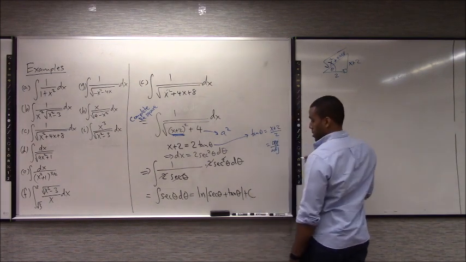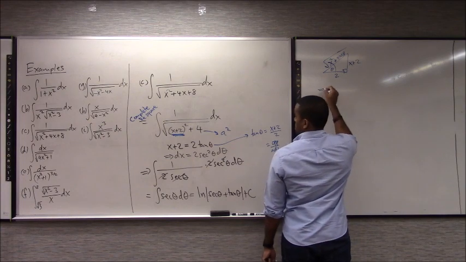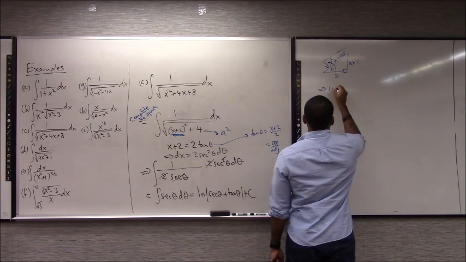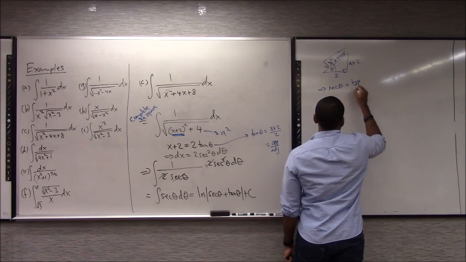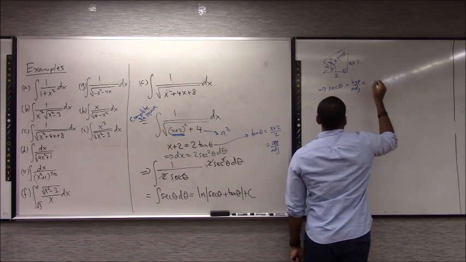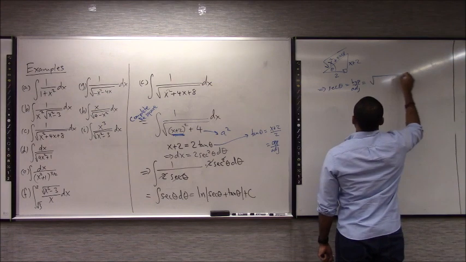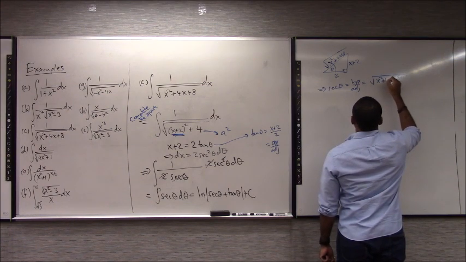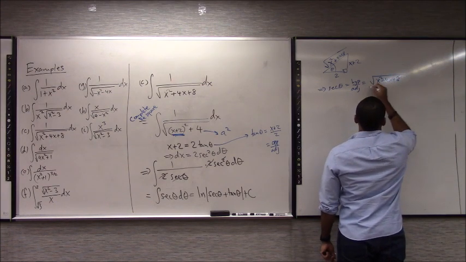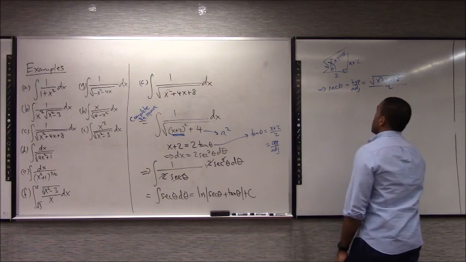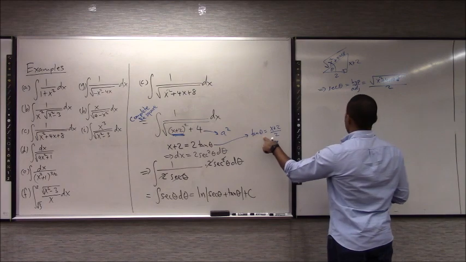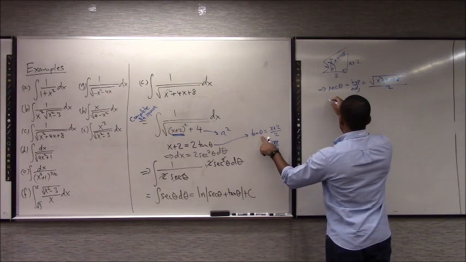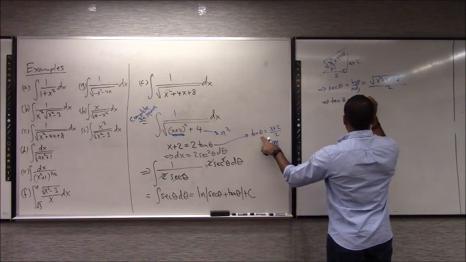And so from this, I can figure out that my secant, which is going to be hypotenuse over adjacent, is going to be the radical of x squared plus 4x plus 8 all over 2. And my tangent, which I actually just found from here, is x plus 2 all over 2.